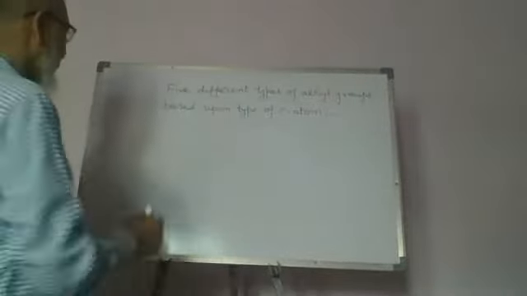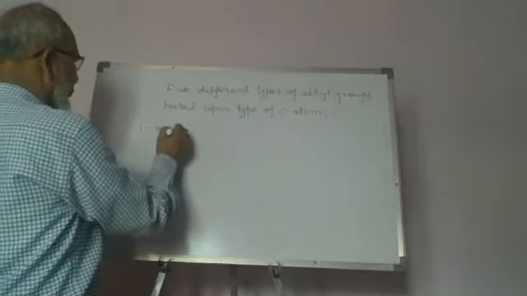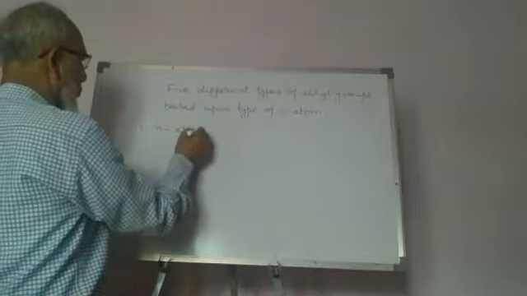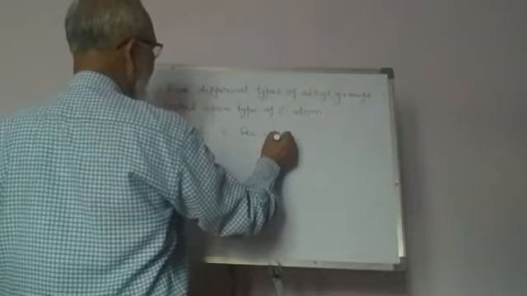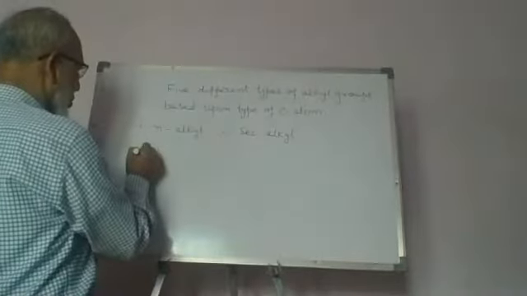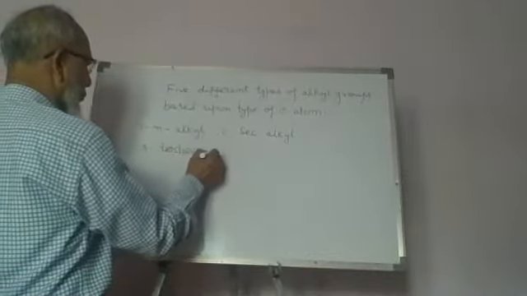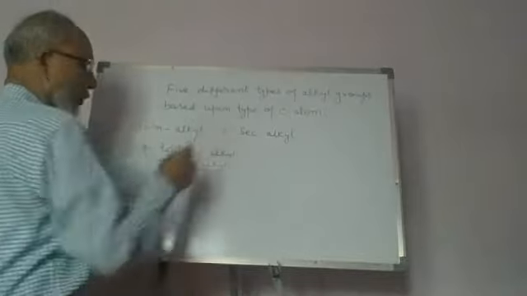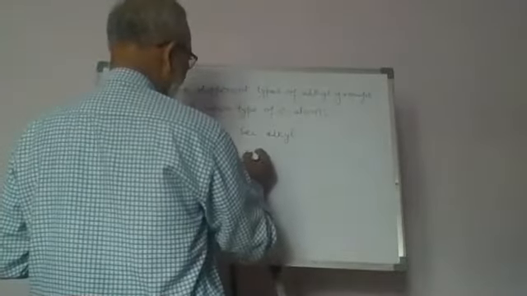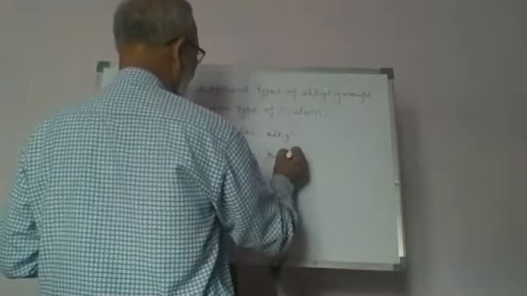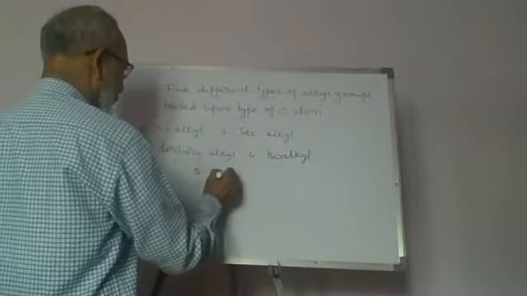These are: first, N-alkyl; second, secondary alkyl; third, tertiary alkyl; fourth, isoalkyl; and fifth, neoalkyl.